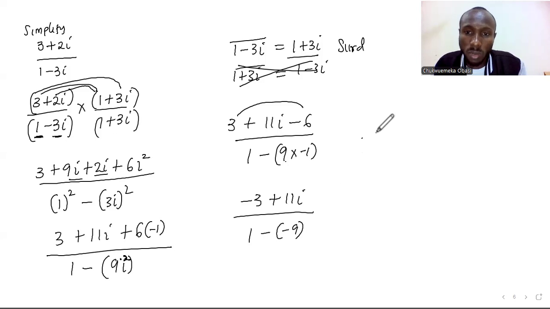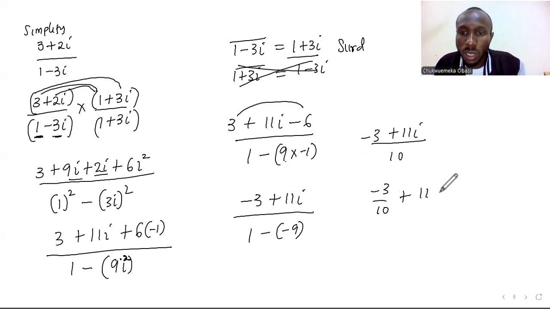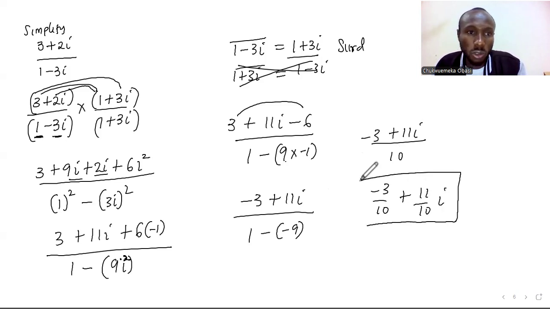So that becomes minus 3 plus 11i all over 10. You can go ahead and say minus 3 over 10 plus 11 over 10 i. So that is what you want to achieve. This is the real part and this is the imaginary part. Hope you remember that. Perfect.